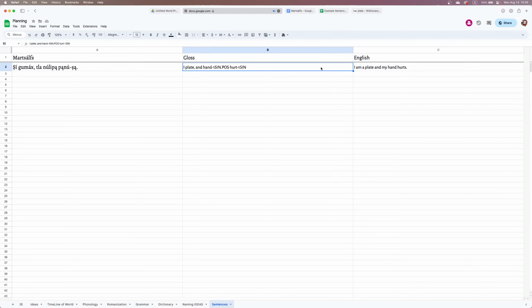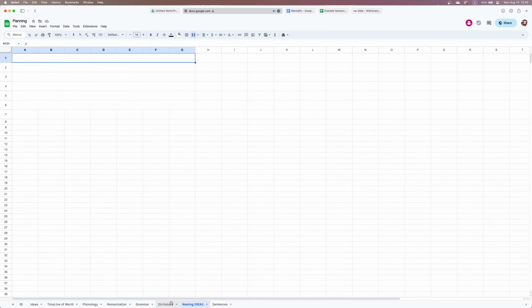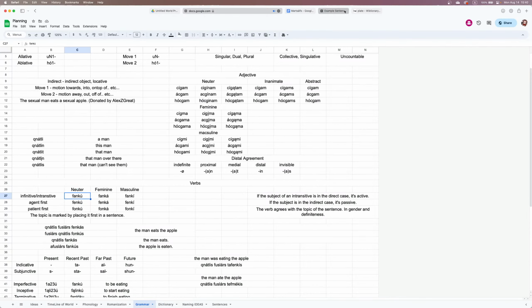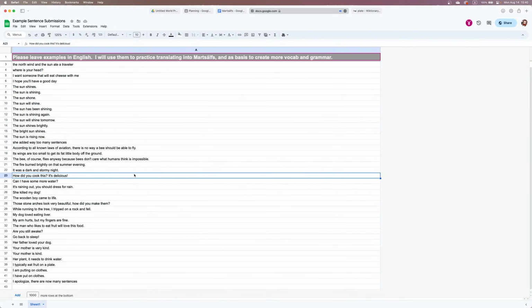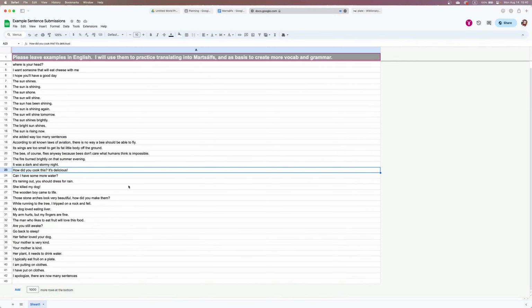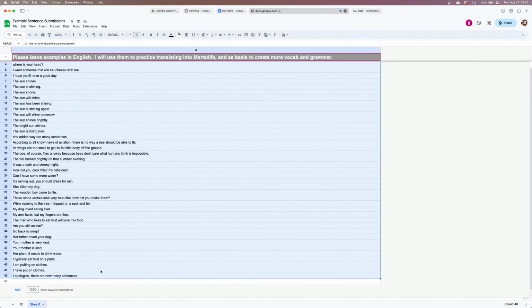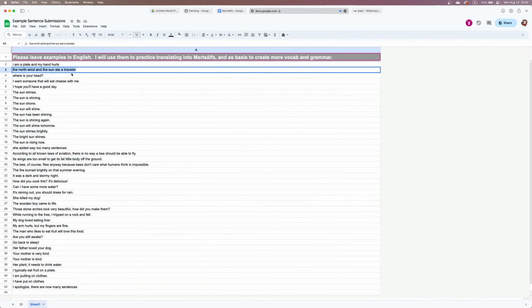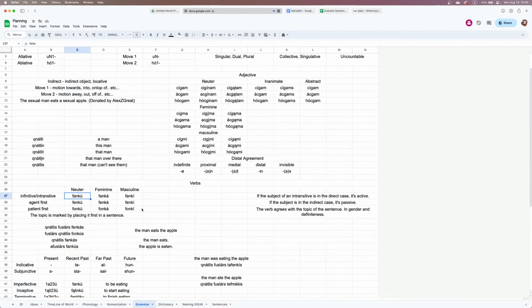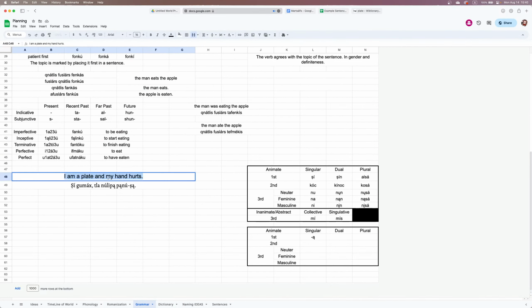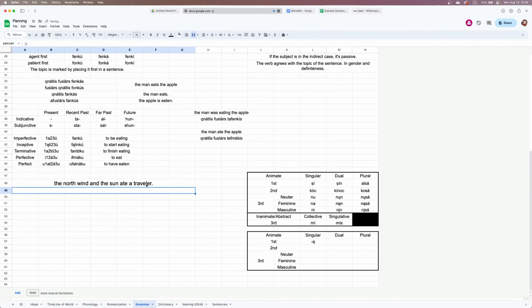So now we could probably start on doing this another sentence. The north wind and the sun ate a traveler. That's actually should be fairly simple to do, as we have the word for eat.